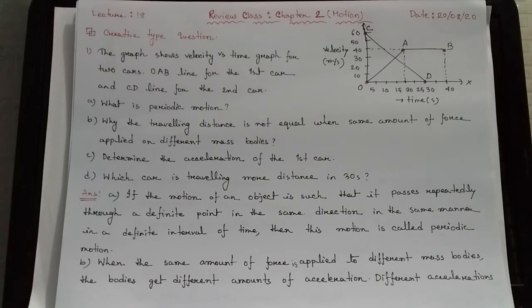Question number B, why is the traveling distance not equal when the same amount of force is applied on different mass bodies? Here the bodies have different masses, but we are applying the same amount of force on all the bodies.